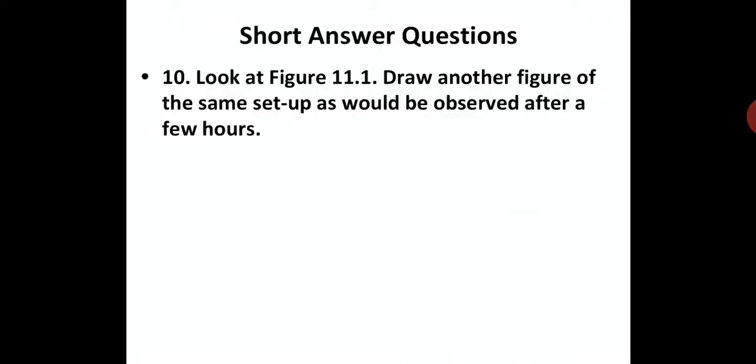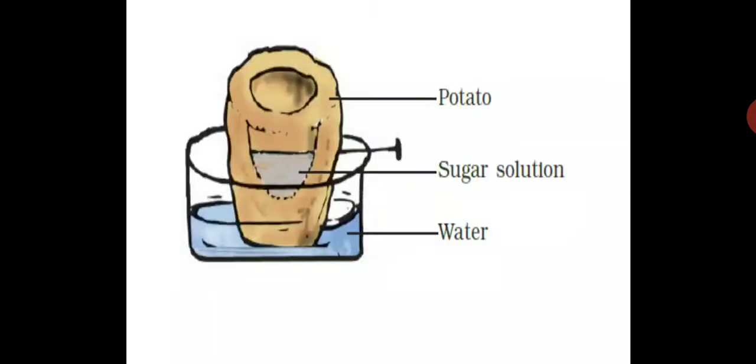Question number 10. This is a very short answer question. So let us see, look at the figure 11.1. Draw another figure of the same setup as you will observe after a few hours. So here you see a piece of potato kept in water, and you have a sugar solution over here and water.